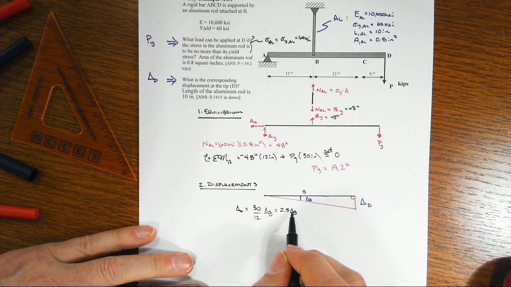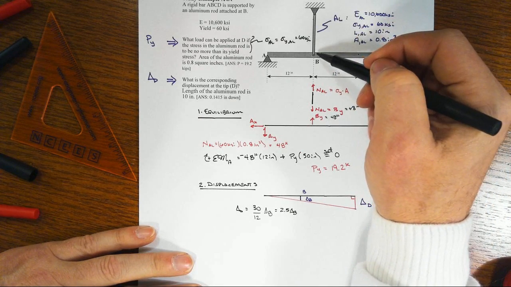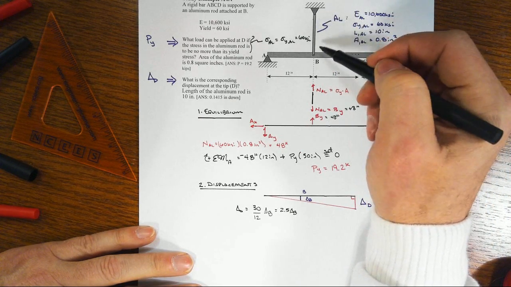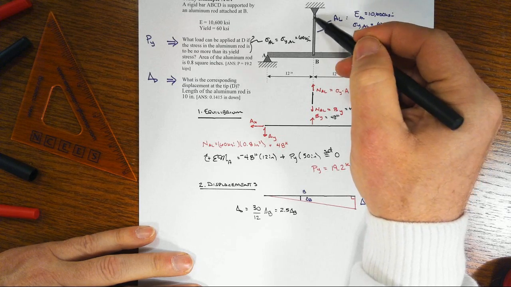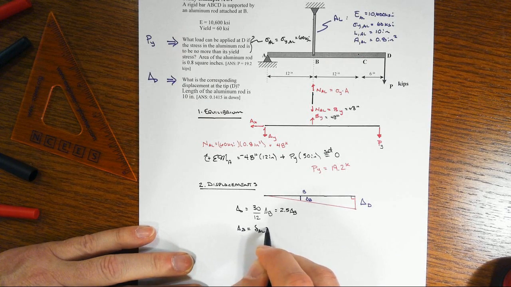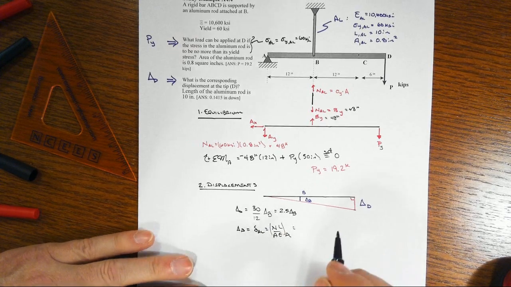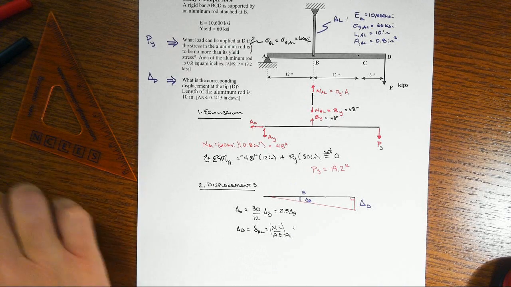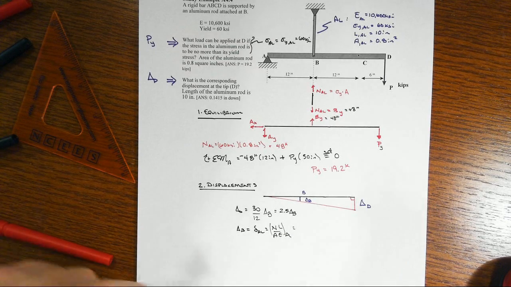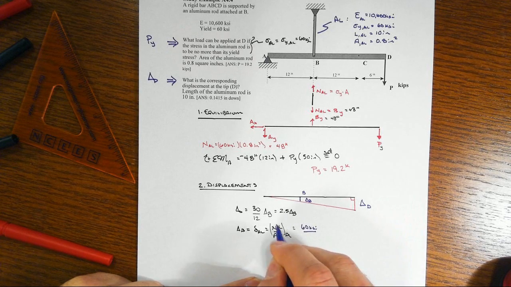Now that's the displacement of point B, but that's directly associated with the elongation of this aluminum rod. And since the top end doesn't move, then the displacement at B is going to be entirely just that axial extension. And so delta B equals little delta of the aluminum, and that would be NL over AE of the aluminum. We already know the stress because we had set that as a condition of analysis. So that would be 60 KSI for the stress. That's this first part.